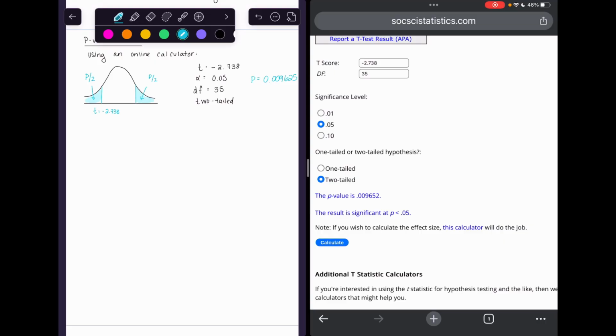Okay. So what happens is the area outside this test statistic is smaller than our value of alpha, which is 5%. So that means we're going to reject that null hypothesis.